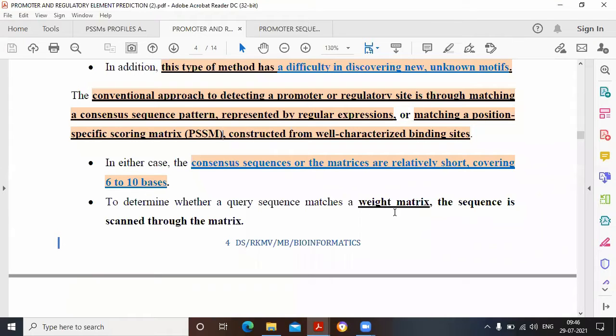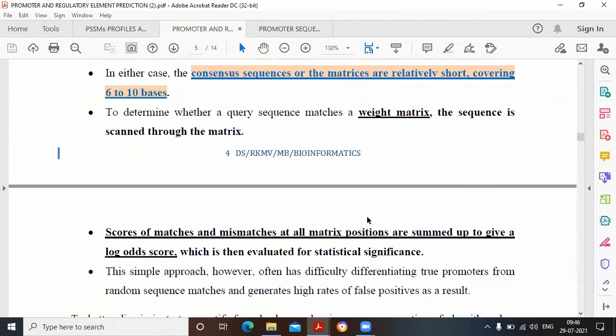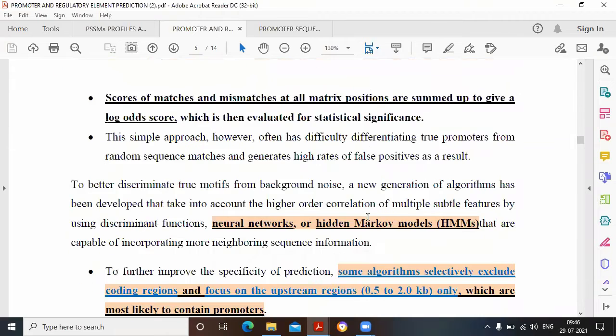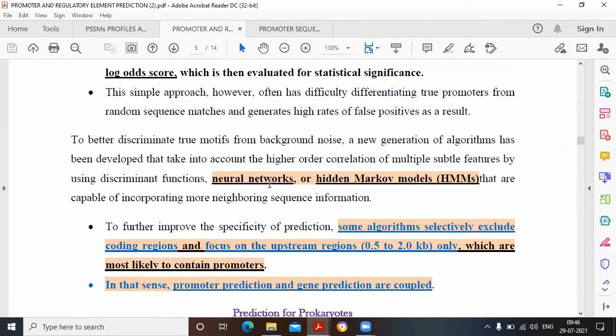When we talk about the weight concept approach, Markov models and hidden Markov models both have to be applied along with the artificial neural network. In gene prediction, I have already explained what the Markov model and hidden Markov model are, and how they work based on a conditional probability approach. I also mentioned the artificial neural network, with input, then hidden layer, and coming to the output.